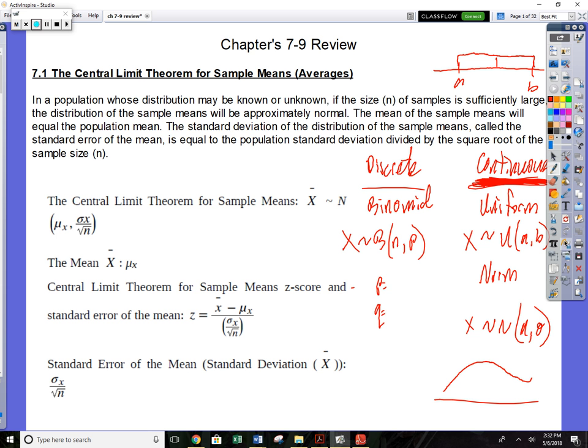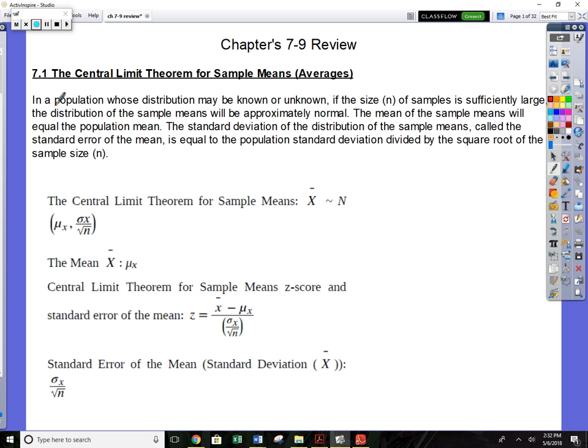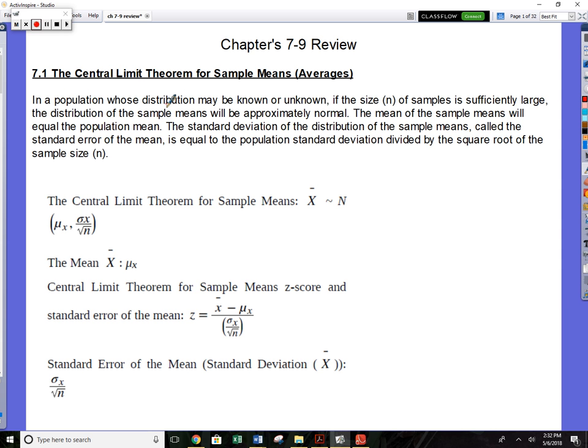The central limit theorem says, if we're looking at a population and the distribution that describes it may or may not be known, if the size of samples is large enough, then the distribution of the sample averages, that is x bar, will be approximately normal. So you know three distributions: normal, uniform, binomial. There's also exponential, and several more. There are several types of distributions, ways to describe populations.